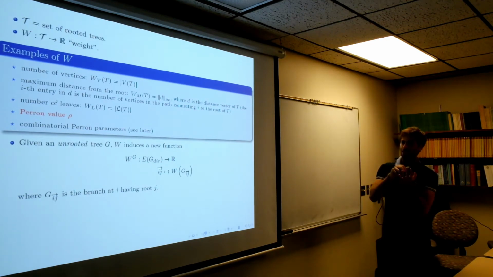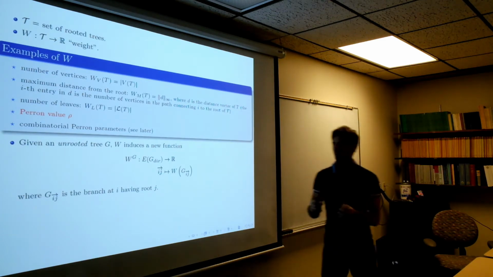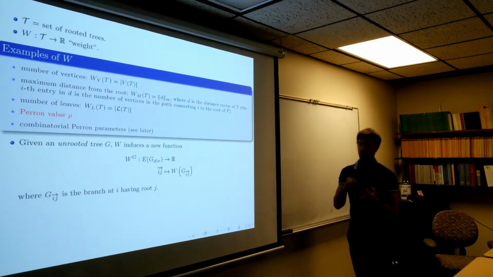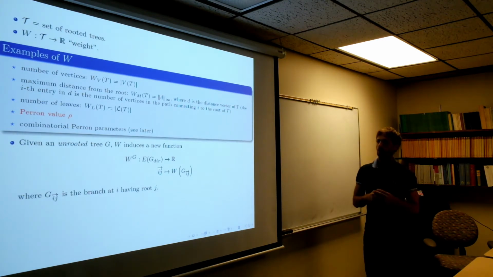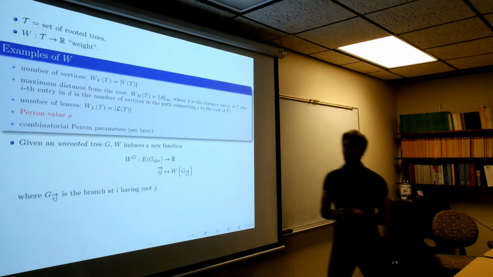It takes ij and assigns to it the weight of the rooted connected component of the tree we obtain by removing i and saving the component having j as root. So again, we start from G, we remove i, there are many connected components, we save the one having j as root. That is a rooted tree, we compute its weight, so this would be WG of ij.